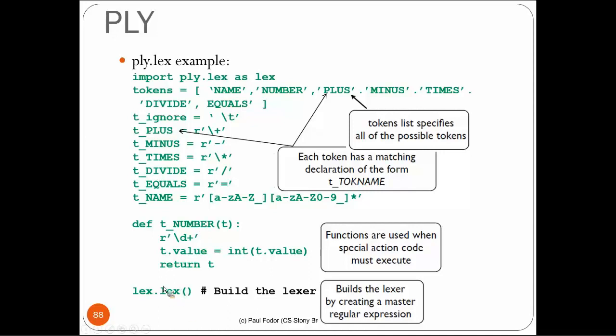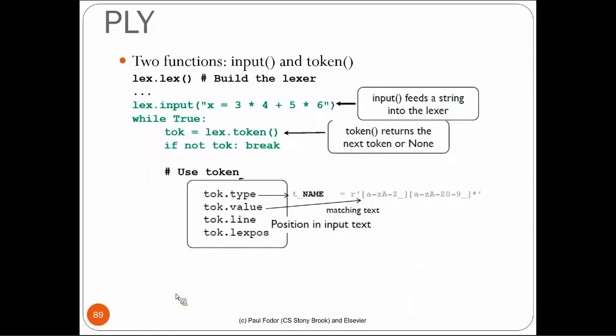If we want, we can build the entire lexer by invoking lex.lex, and then the input is passed to lex. So lex.input will take that input, and it will generate tokens. We can get from lex each one of the tokens with a cursor, and each token has the following properties.